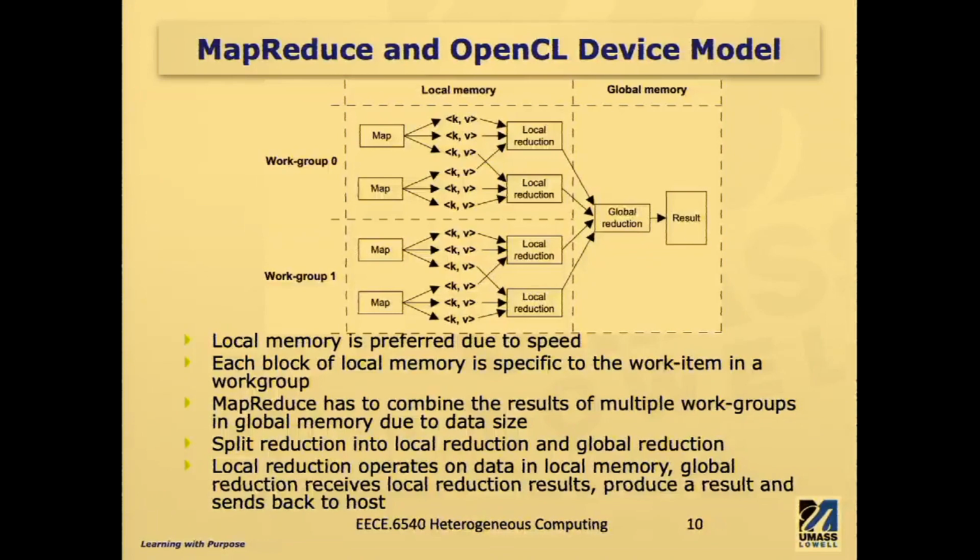And similarly, this is going to be work item 0 in work group 1, and so on. So each of these work items will perform a mapping operation. Mapping is basically to look at the chunk of data assigned to this work item to compute the key value pairs. So it's going to generate these key value pairs, which is the first part.